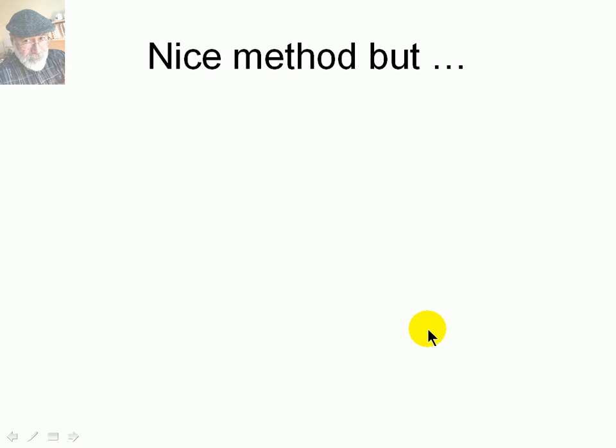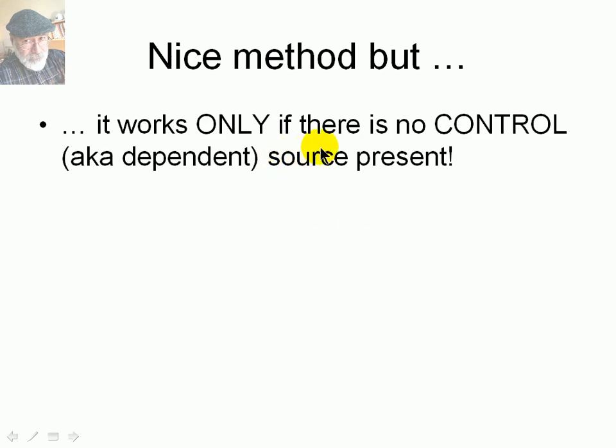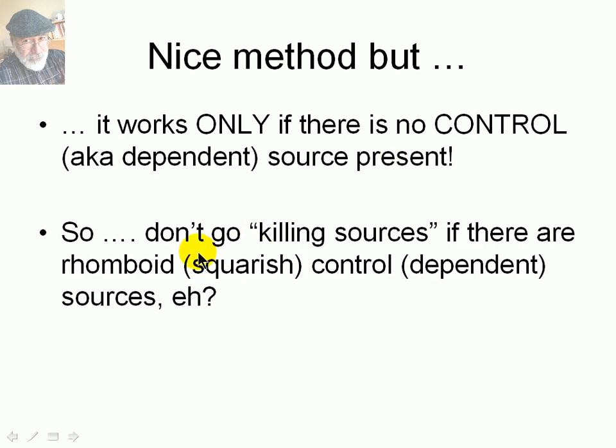Kill the sources to find our Thevenin, then a 1 amp test to find Vthevenin. It's really nice. However, that method works only if there is no control source in the circuit. Don't go killing sources if there are any control sources in the circuit, okay?